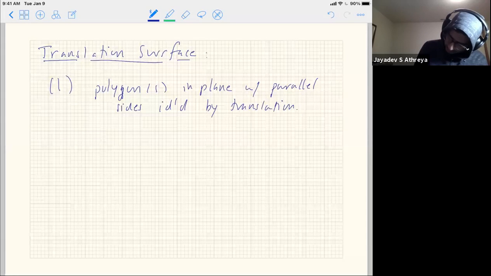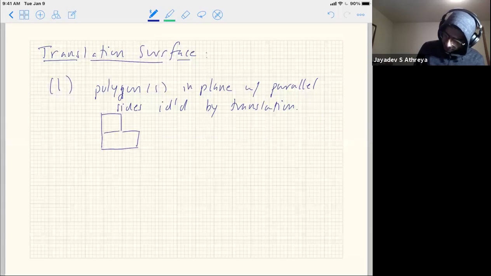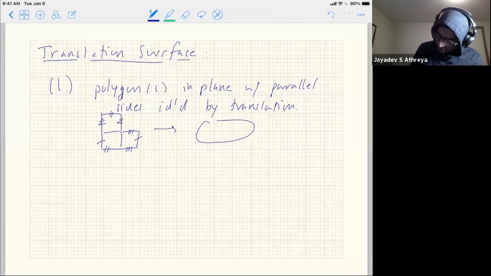So for instance, you could have something like this, where the identifications are as follows. This corresponds to actually a genus 2 surface with one singular point of angle 6 pi.